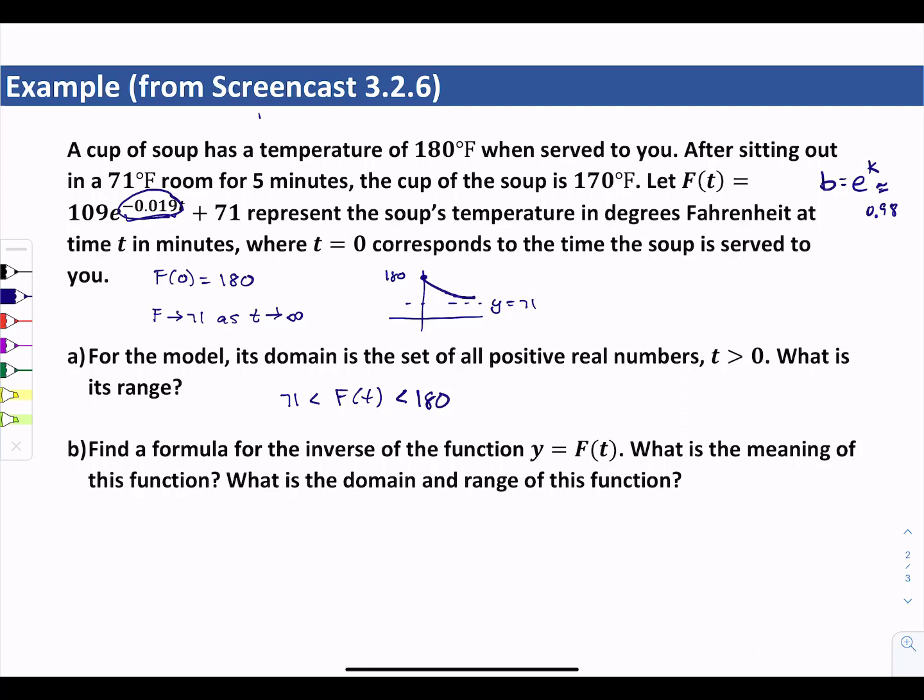So to find the inverse of y equals f of t, we're going to have y equals 109 e to the negative 0.019t plus 71, and the inverse is going to be t equals f inverse of y. Remember, the input and output are going to reverse.